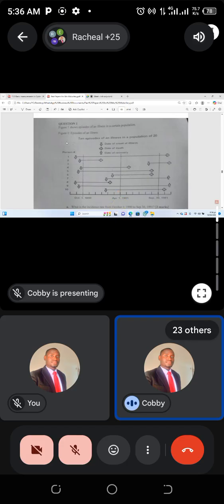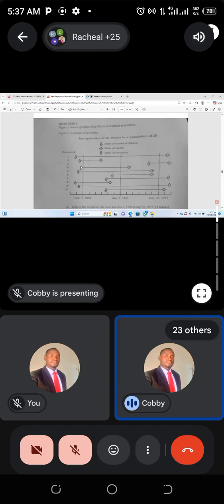We have 10 episodes of an illness in a population of 20. So the total population is 20, and we have 10 episodes of illness. The arrow pointing down shows the dates of onset of illness. The plus sign shows the date of death. The arrow pointing up shows the date of recovery.